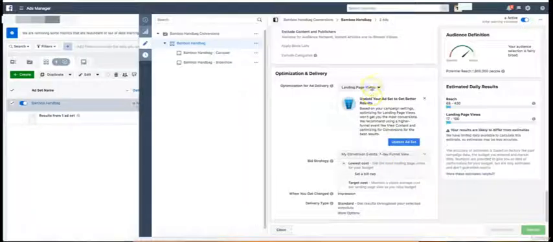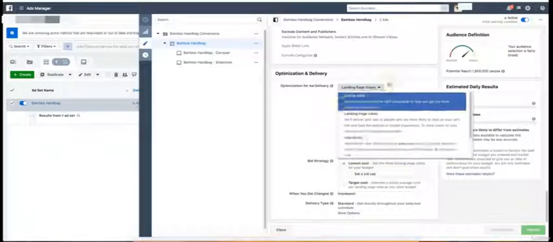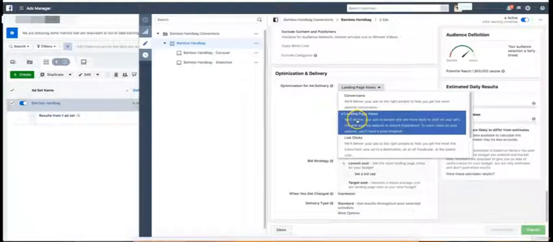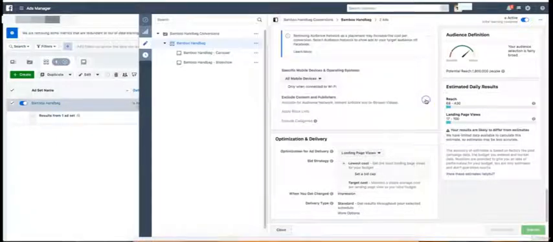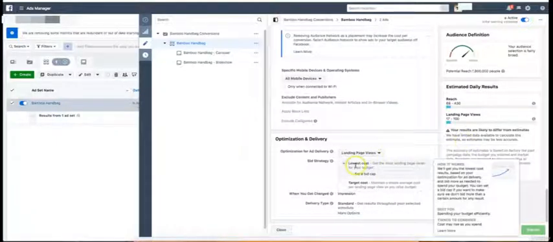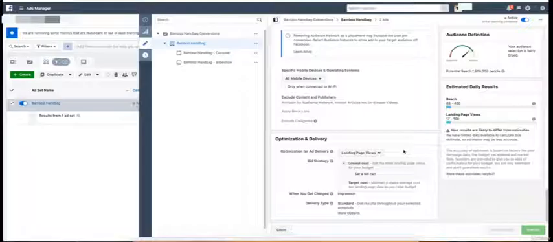So this one's using landing page views, but if you had conversions or link clicks, whatever, it would optimize it for ad delivery. Okay, so let's just assume it is landing page because that's what I'm optimizing it for in this ad. You want to select the lowest cost first. Okay, so that means you get the most landing page views for your budget.